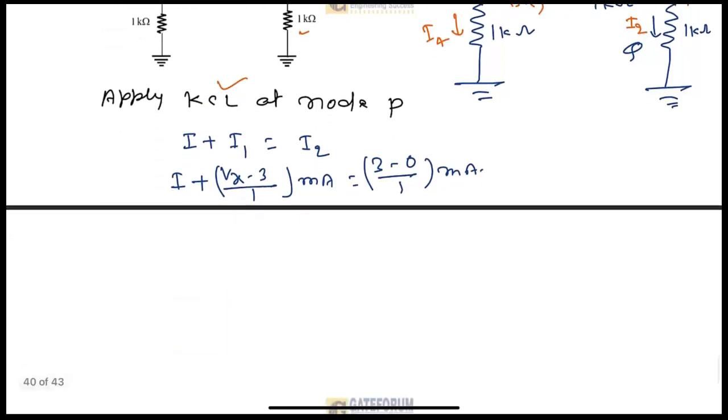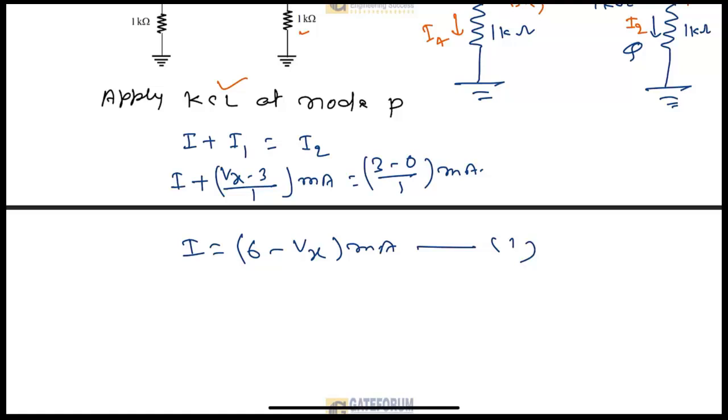So here we can say that I is equal to 6 minus Vx in milliampere after solving this equation. Let's call this equation number 1.